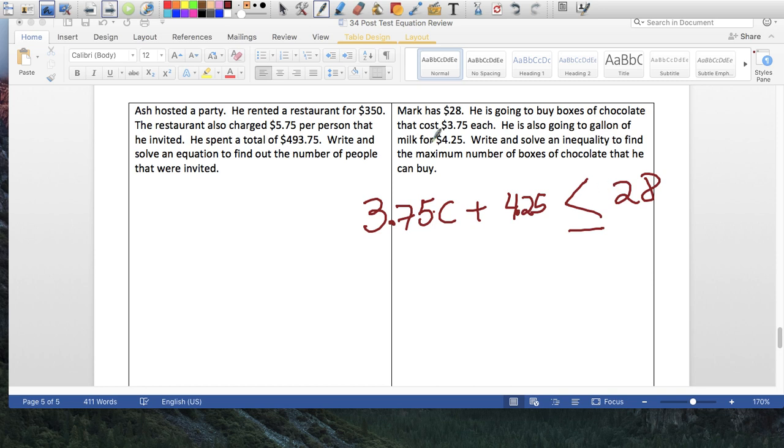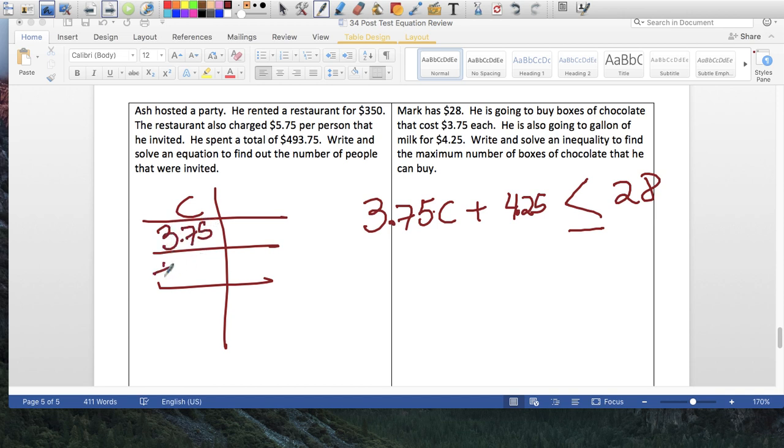So let's see how many boxes of chocolate he was able to buy. You write your story. C times 3.75 plus 4.25 is less than or equal to 28. Going back, you subtract 4.25, and then you're going to divide by 3.75.